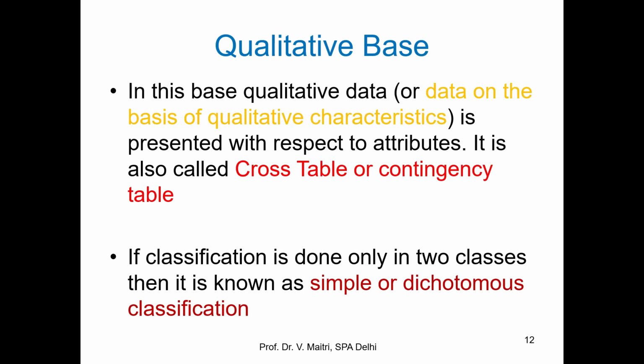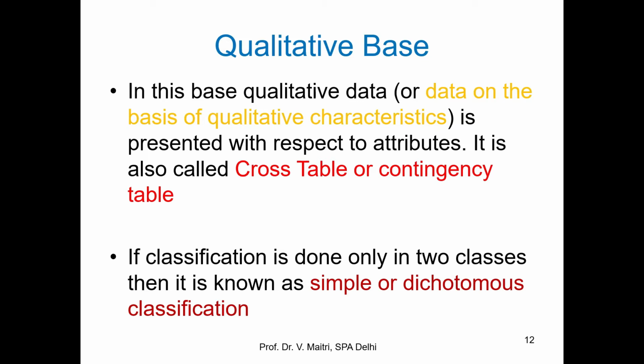Now qualitative base. Here we are using qualitative characteristics. We can present with respect to attributes, and it is known as a cross table or contingency table.